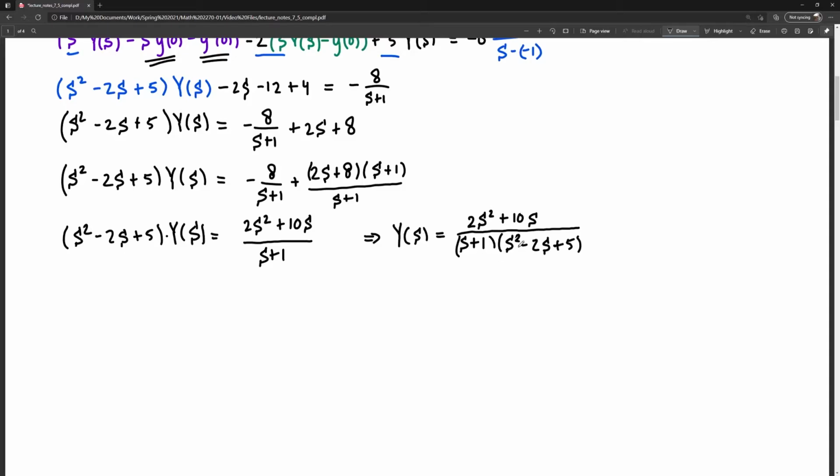And in order to break this down, we would need a partial fraction decomposition for this right here. So I would state that y(t) is now the Laplace inverse of (2s squared plus 10s) over (s plus 1) times the quadratic.